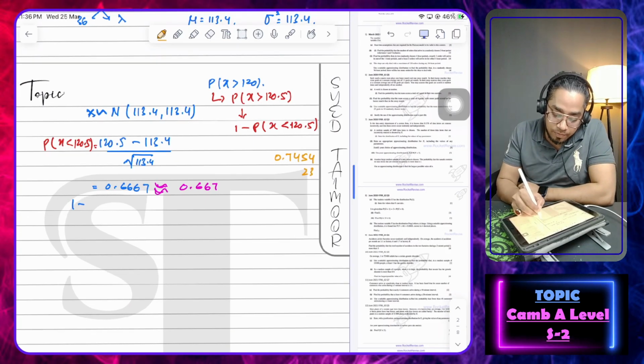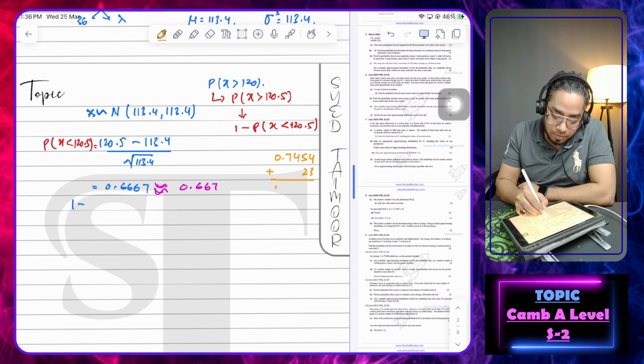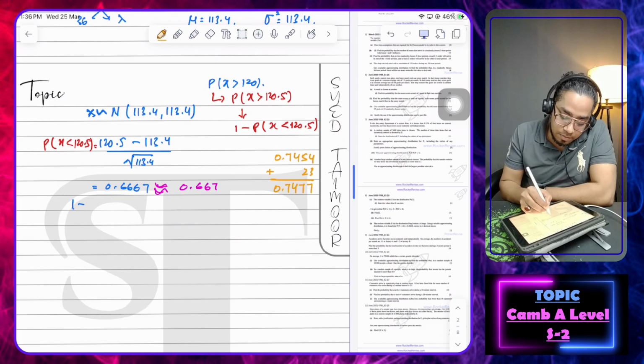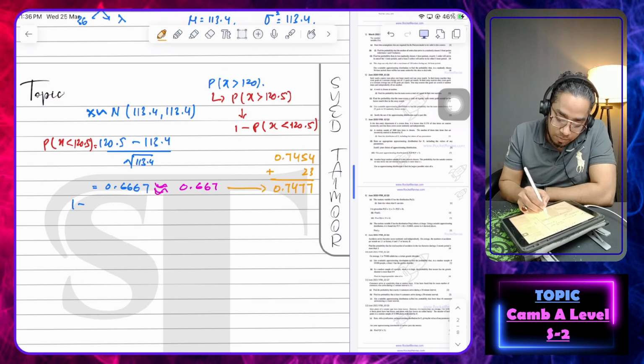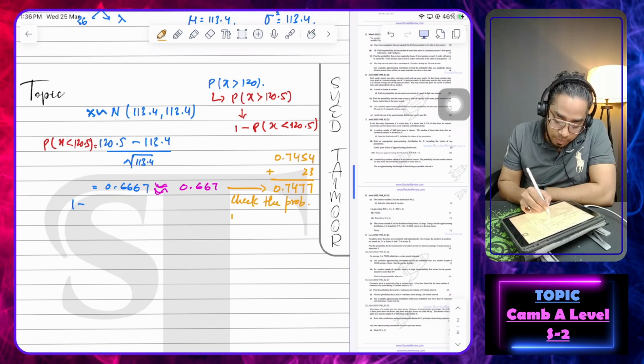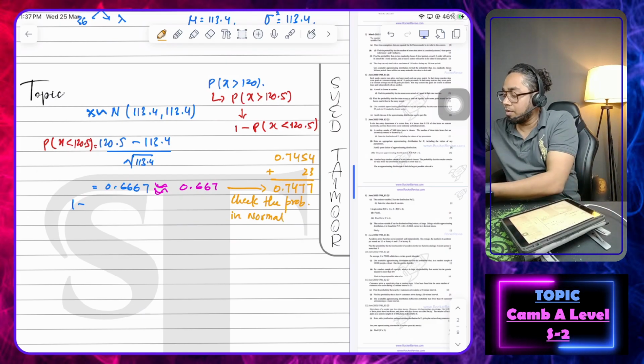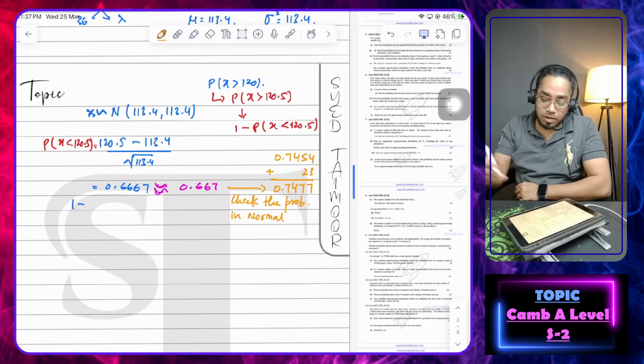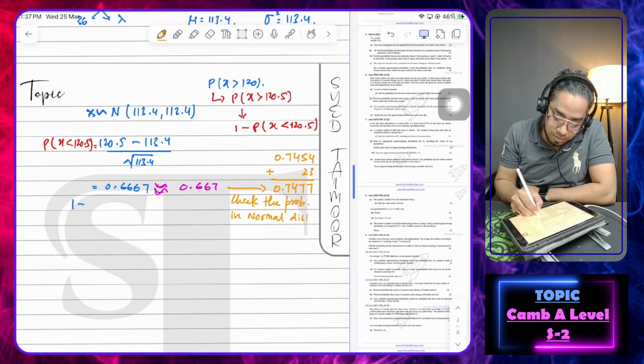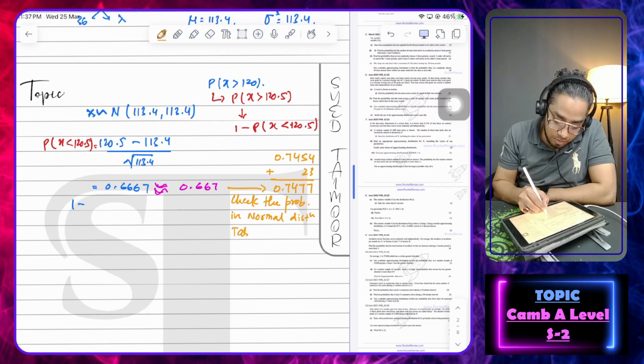Check the probability in the normal distribution table.